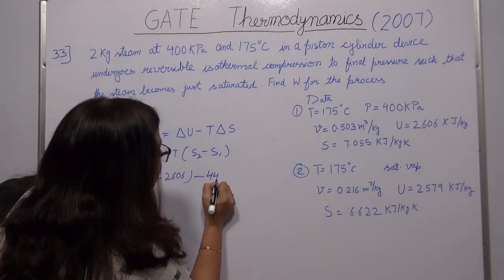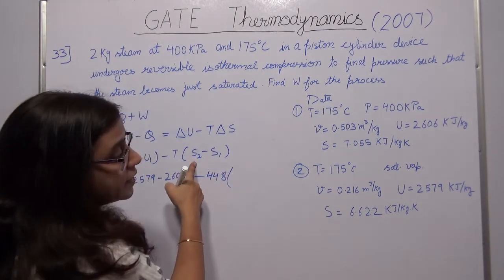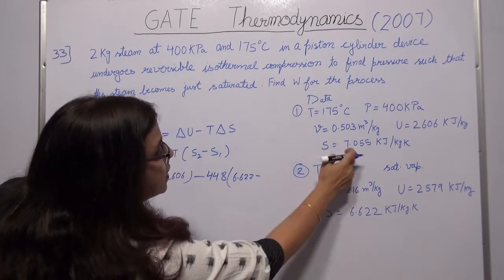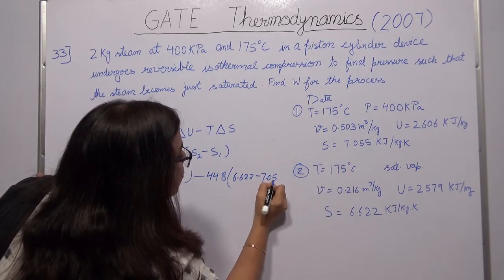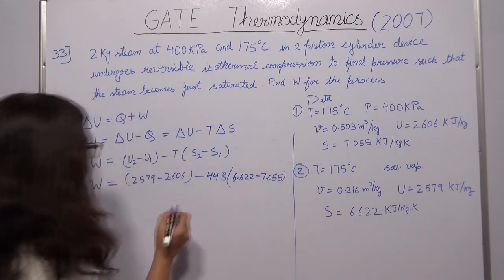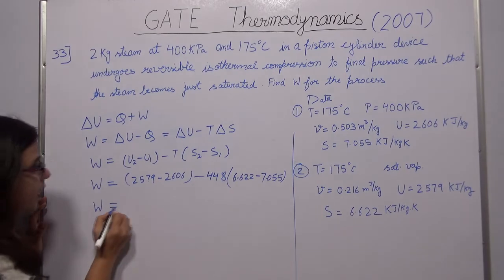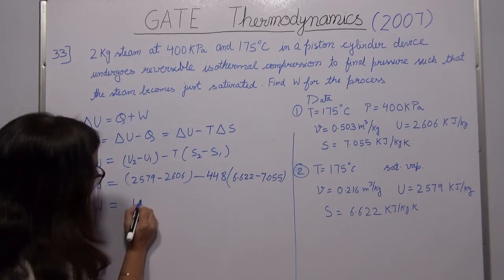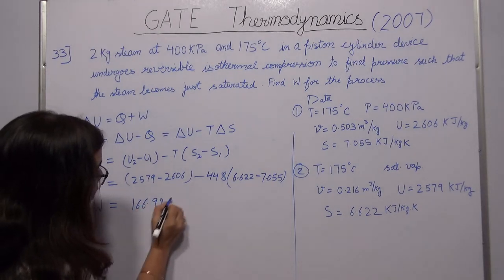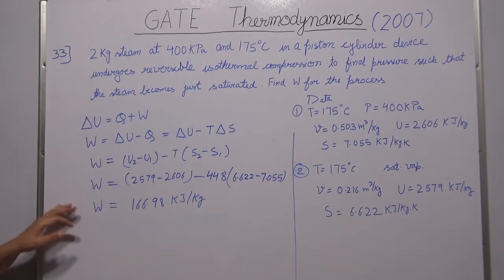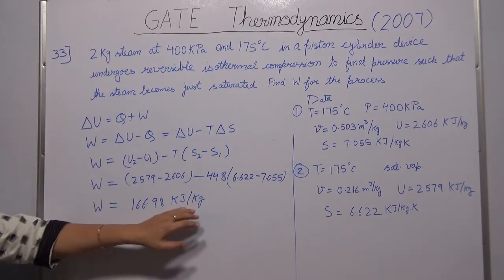So this is 448 times, what is S2? 6.622 minus 7.055. When you do this calculation, the answer you get is 166.98 kilojoules per kg. This is the work required per kg of steam.